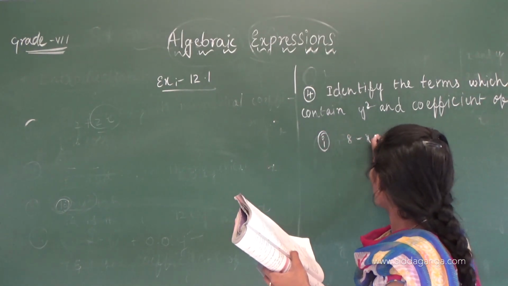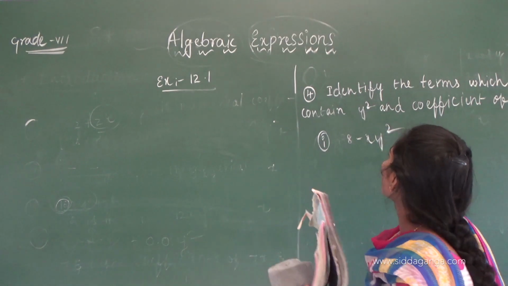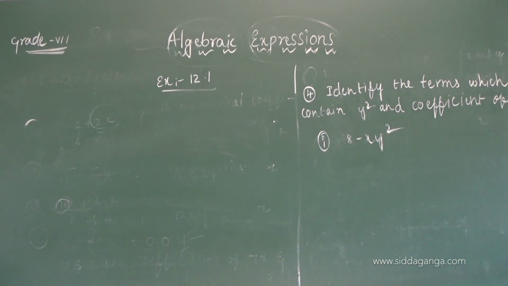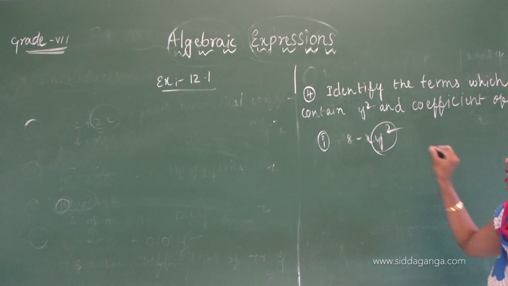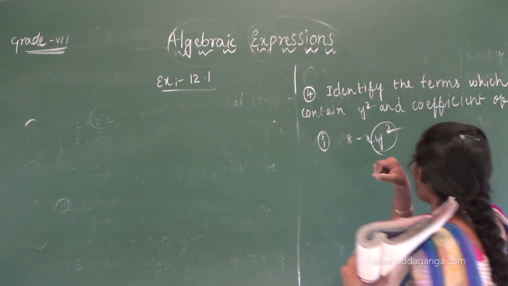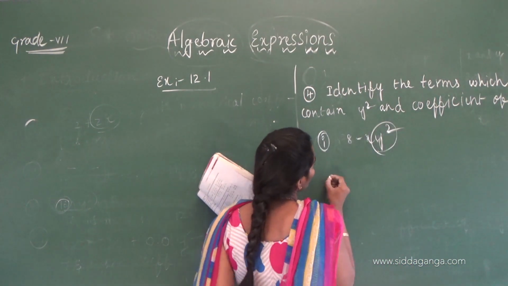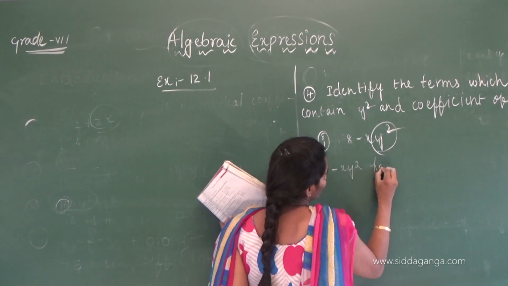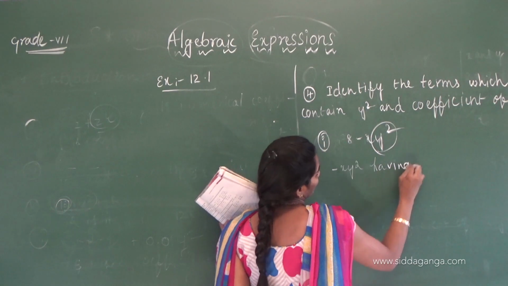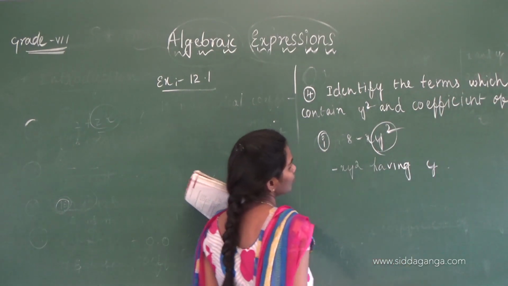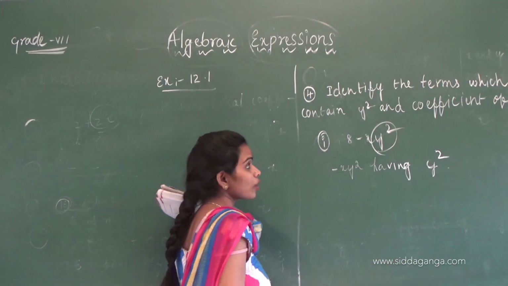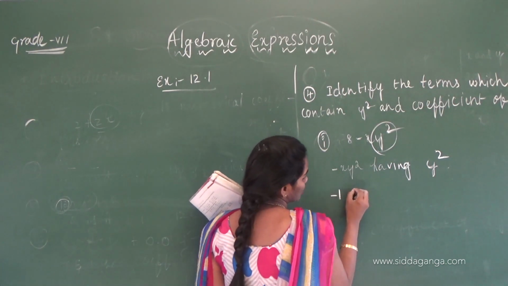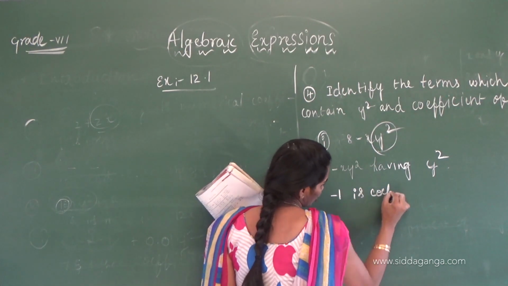8 minus y square. Here what they are asking, identify the terms which contain y square. Here this term is containing the y square and we have to write like this. Minus x y square is having y square, and then what is the coefficient of that one?